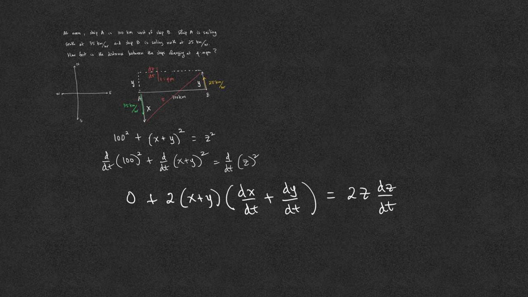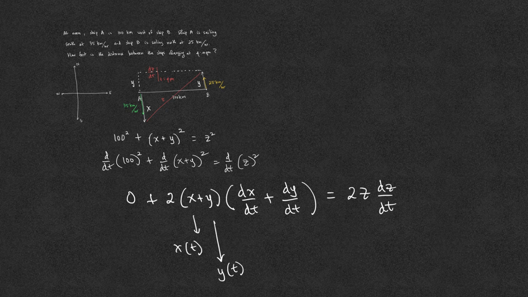Implicit differentiation. Technically, this x is a function of time because x is the distance that ship A has traveled. This y is also a function of time.